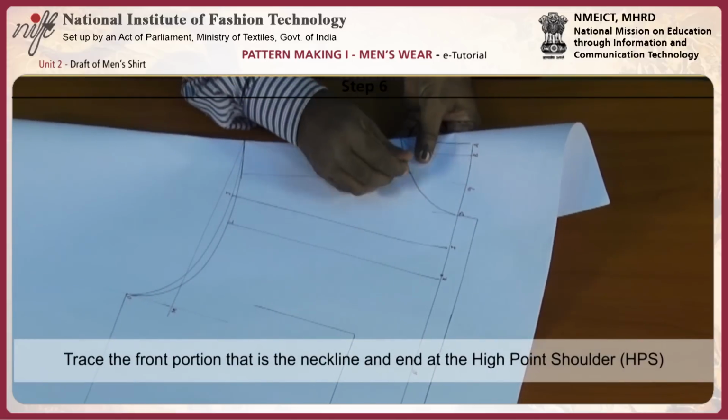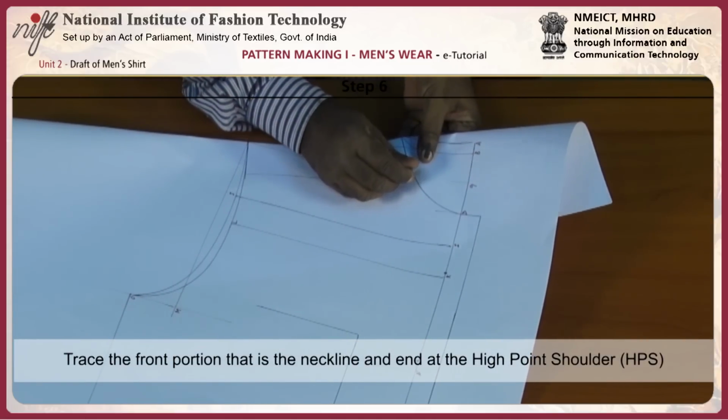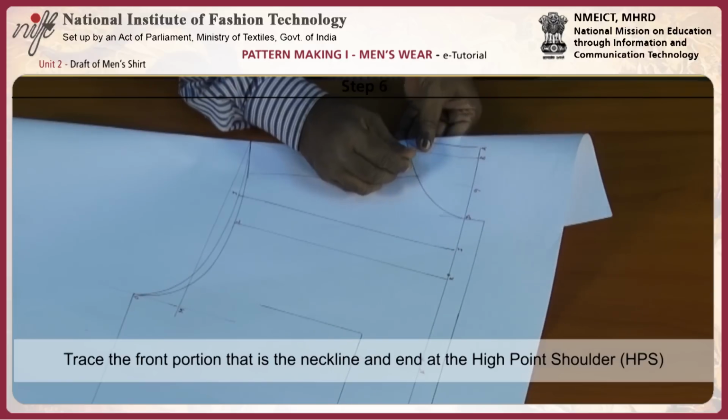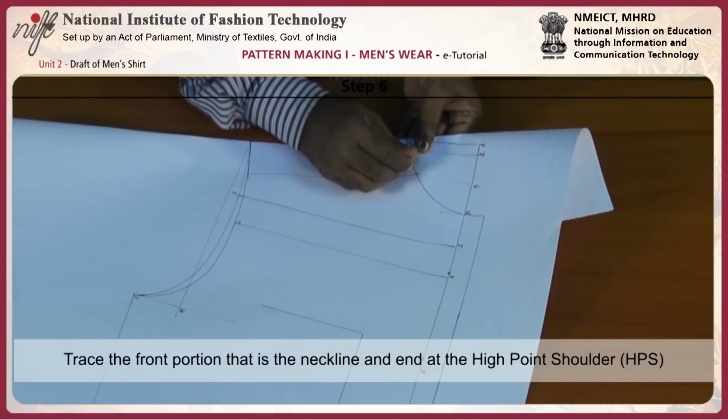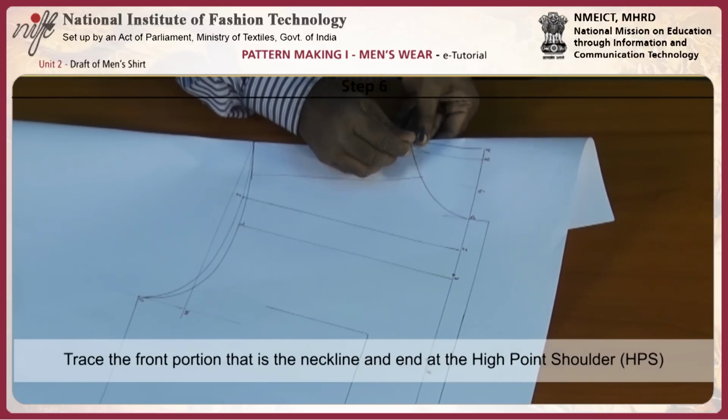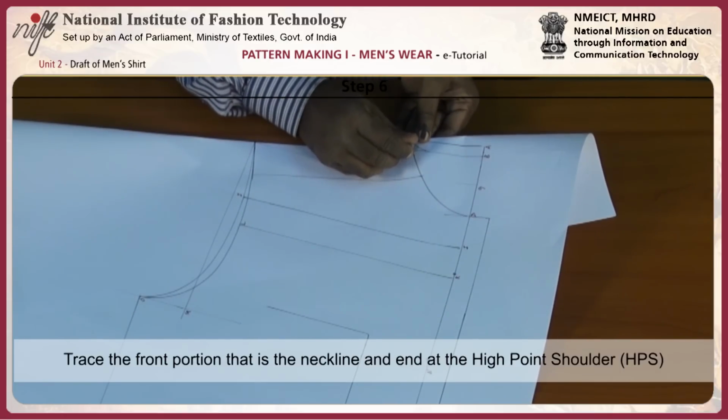Then trace the front portion, that is the neckline, part of the neckline, then end at HPS, which is high point shoulder.